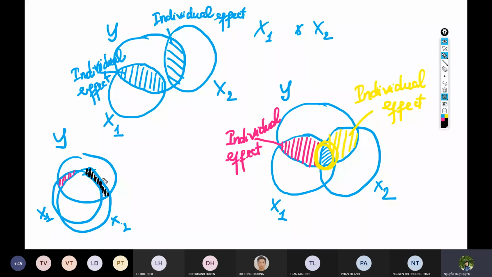Because they are too little, the individual effect becomes insignificant.